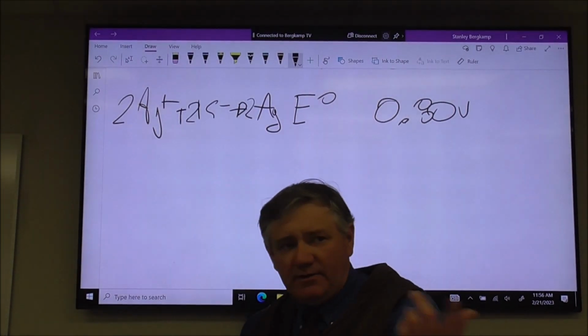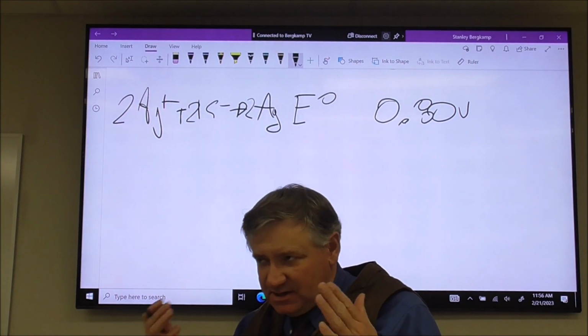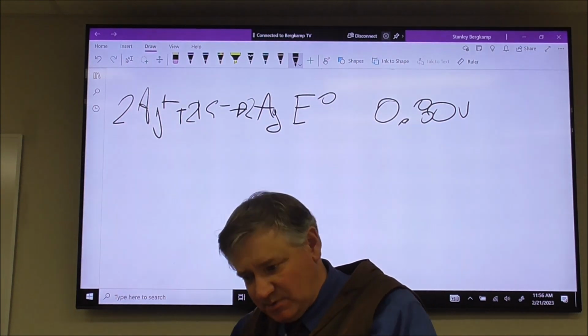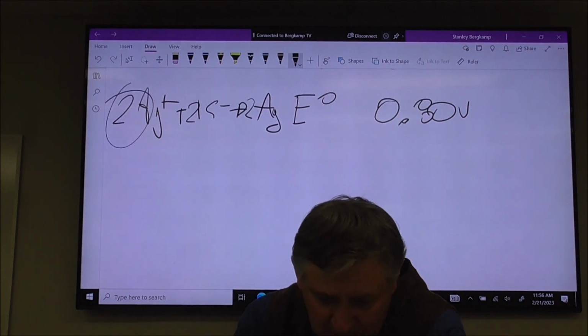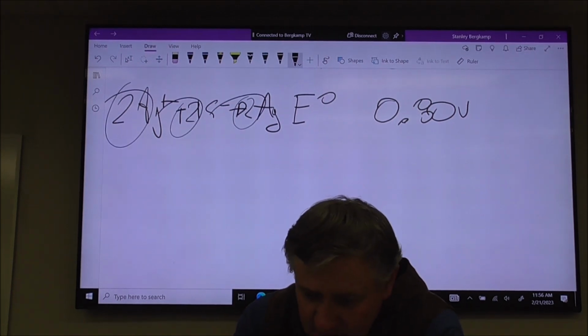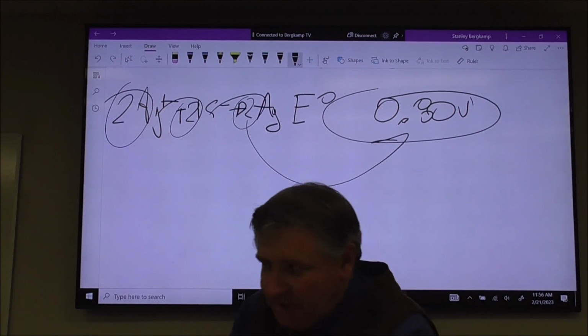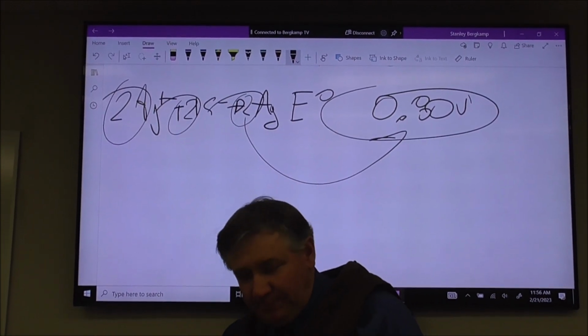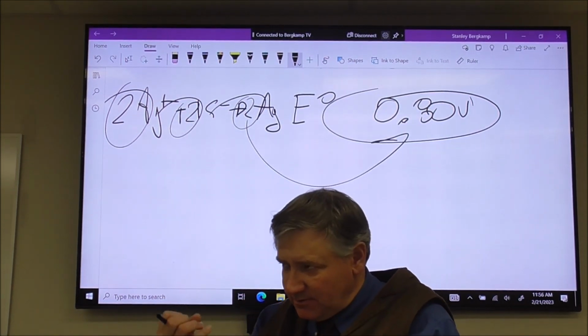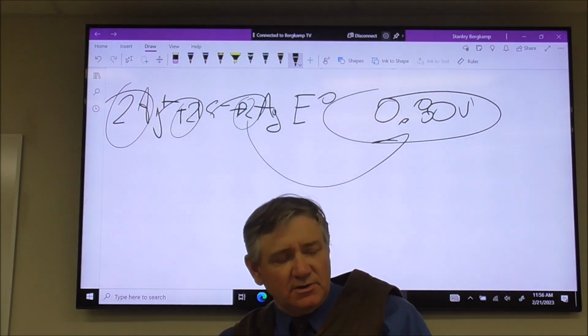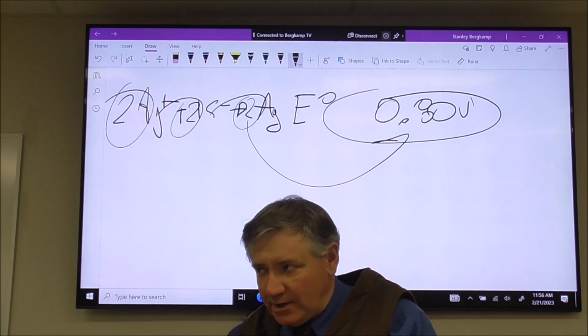Now, here's what you're going to see different from thermodynamic calculations, which is what we're going to get into next, is that just because I multiply these coefficients by 2 doesn't mean that I multiply that voltage by 2, okay? Because this is what's called an intrinsic value, that 0.80 volts is going to happen no matter what.